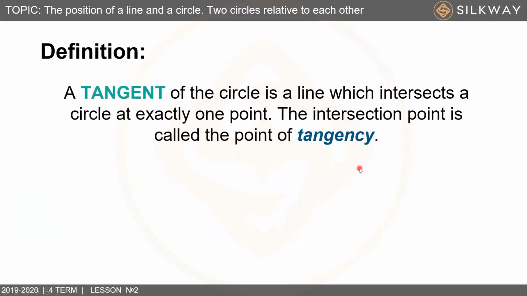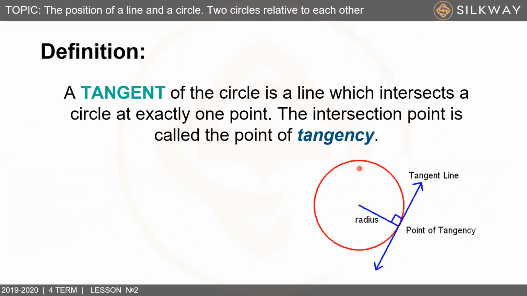Definition. What is a tangent? A tangent of the circle is a line which intersects a circle at exactly one point. The intersection point is called the point of tangency. In the figure, we have a radius and a tangent line, and their intersecting point is the point of tangency.